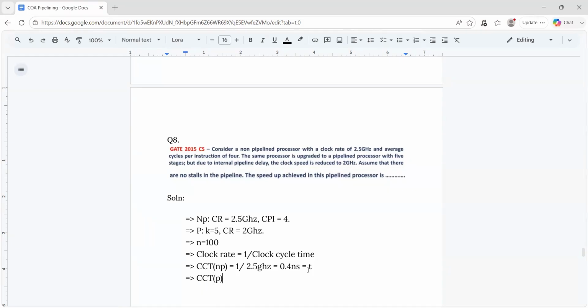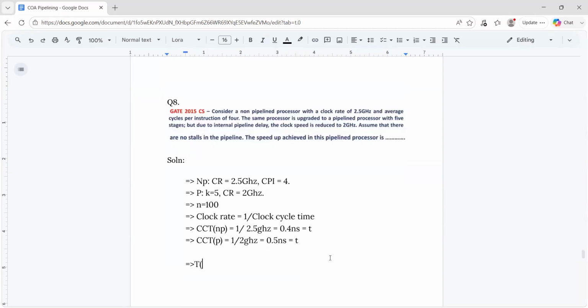CCT of pipeline is equal to 1 by 2 gigahertz, since it is reduced to 2 gigahertz, and I'll get 0.5 nanoseconds. That's the time for both the cases. Now, in order to get the speed up, it is necessary to find the total time and divide them.